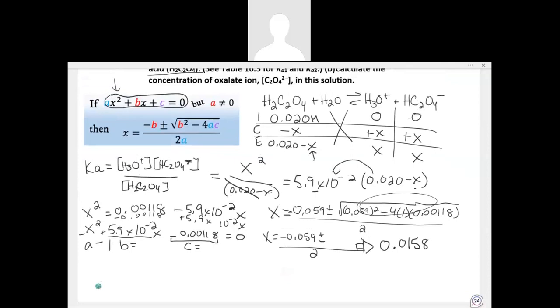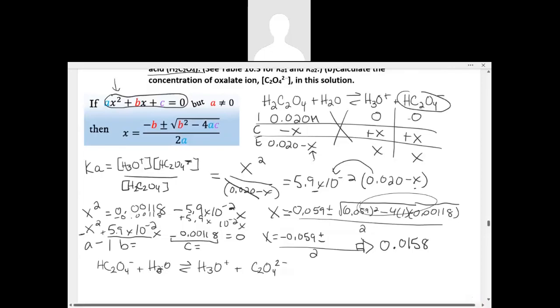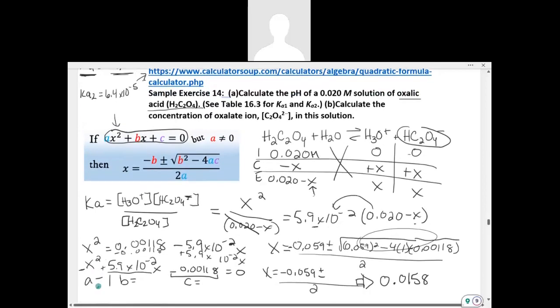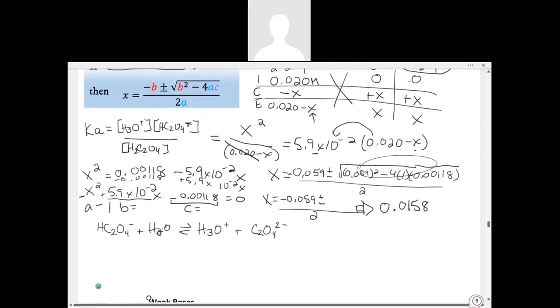So we're going to have this guy here, HC2O4 negative plus water, and then we're going to have that second ionization here. So that's going to be hydronium and C2O4 2 negative now. And in our question, we're asked to solve for that as well. So we'll have to solve for one more X here.